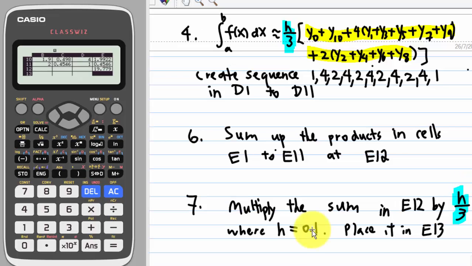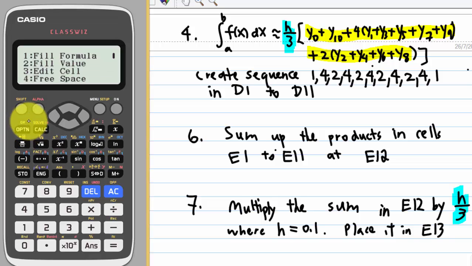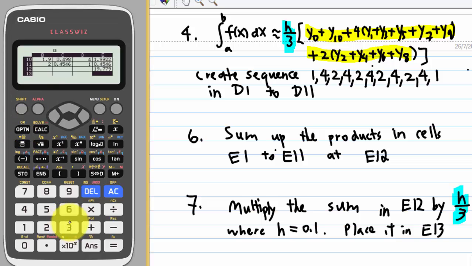To do this, at cell E13, we click option 3 for edit cell, and then enter alpha E12 times 0.1 divided by 3 and click equal. So we find that the answer is 0.6593.